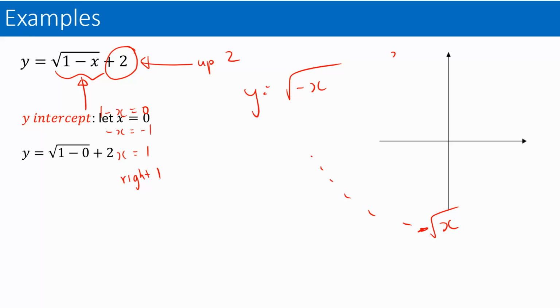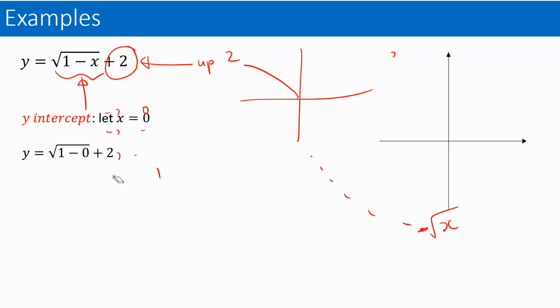That's why all the negative numbers on this side would work. That's why the graph goes this way, whereas if it was positive, it was going that way. Okay? So now we know the shape. We know that it has to go this way, because it's got the negative in the square root.